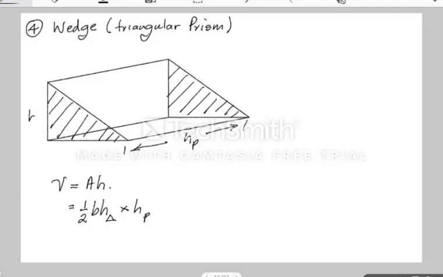This is the height of the triangle. So again, the volume of any solid shape with a uniform cross section is given by the formula V equals A times H.